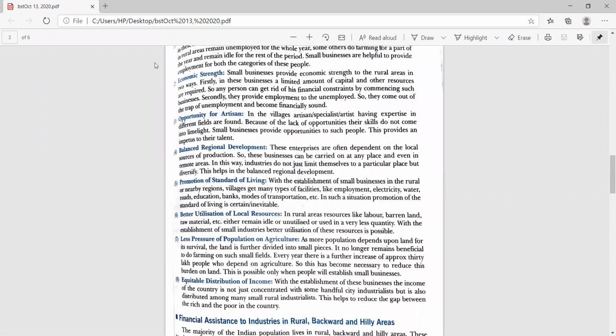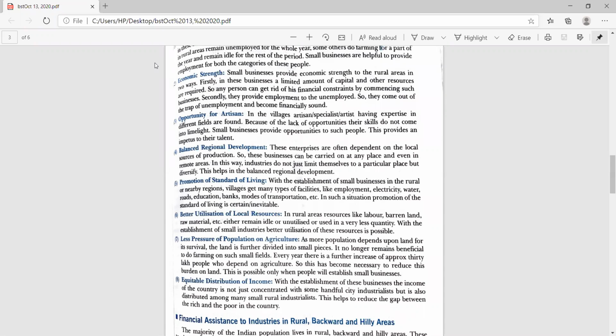Better utilization of local resources, because whenever businesses take place in any rural area, they need labor, barren land, meaning land that is unused and remains idle, and raw material that remains idle or unutilized, which is in very small quantity. With the establishment of these small scale industries, these resources will be utilized in a better manner.